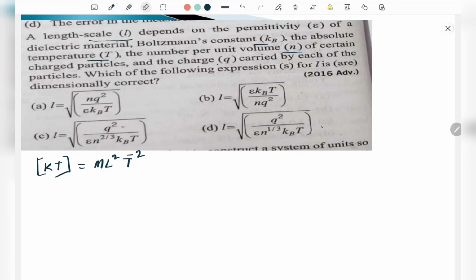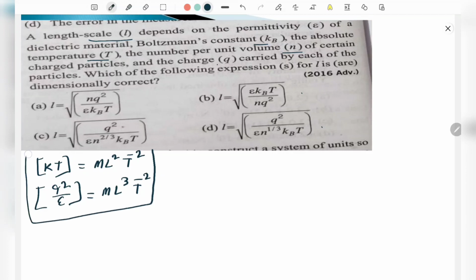So, we can write the dimension of q square by epsilon is equal to ML cube T to the minus 2. And with these two we can check each of the options.